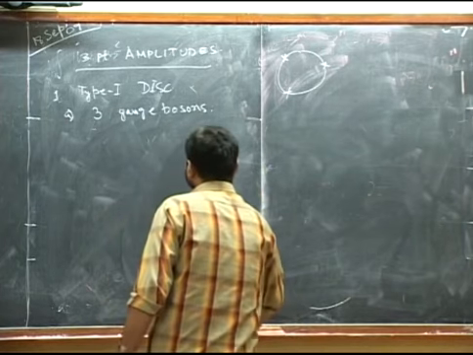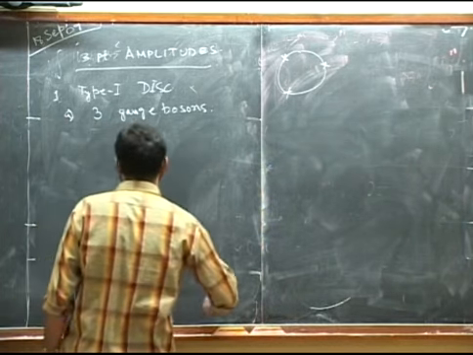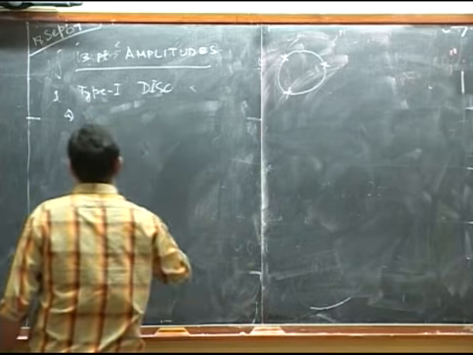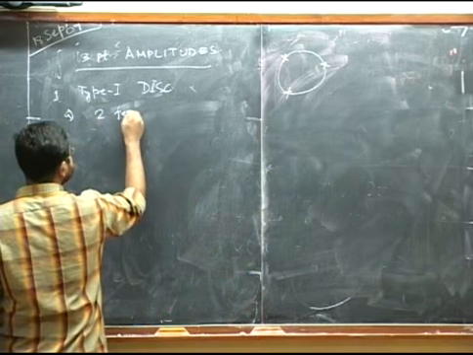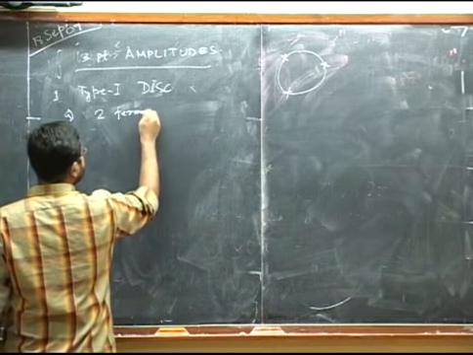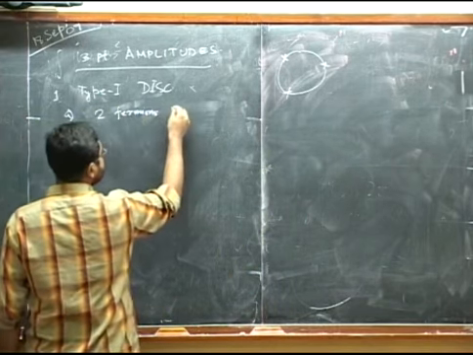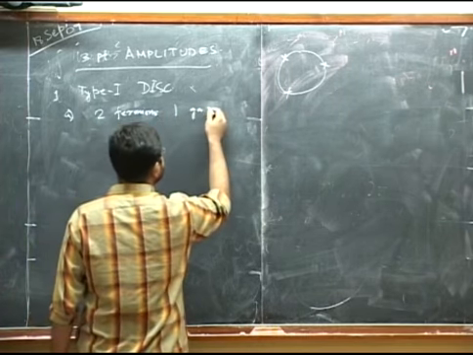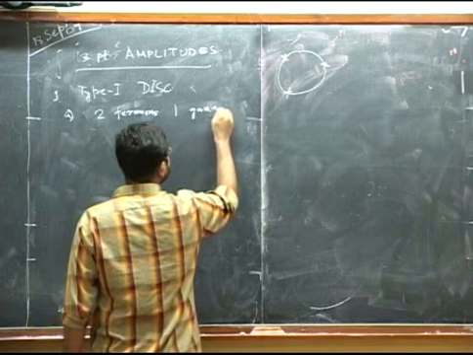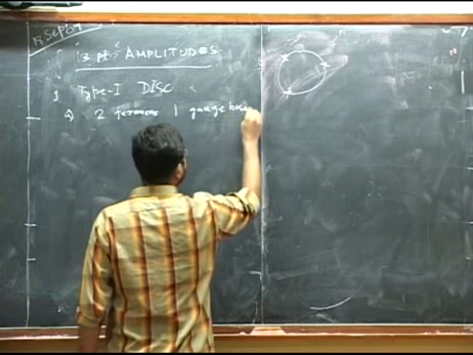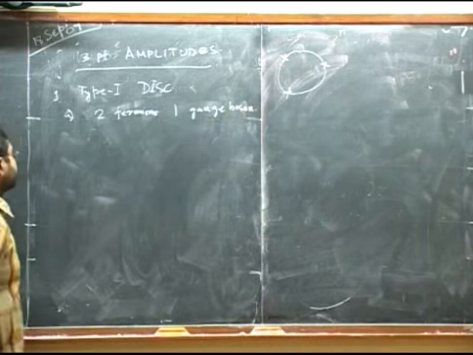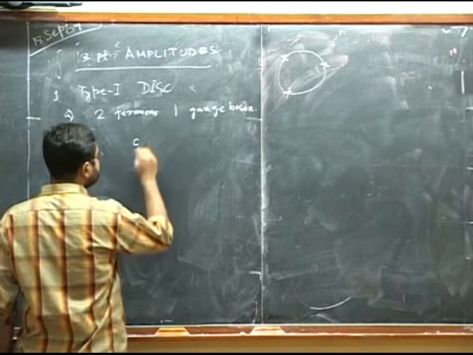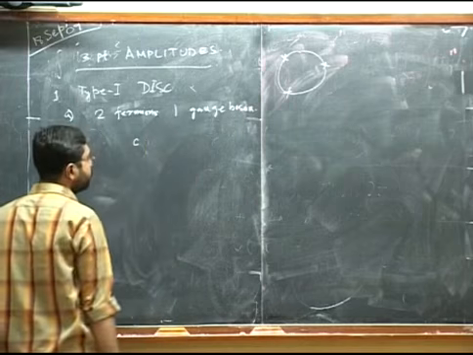Now, we'll look into, let's say, 2 fermionic operators interacting with a gauge boson in type 1 theory in the RNS formalism. So that would again be similar to this calculation, only the vertex operators would be different.